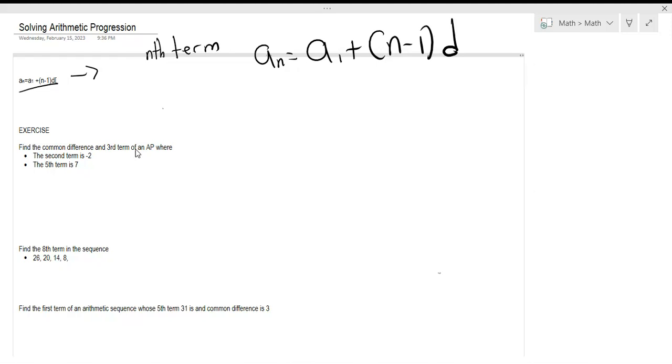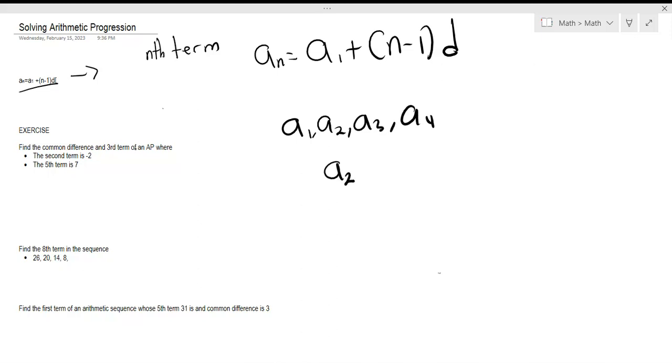In this situation, they didn't give us a direct sequence. We have a1, a2, a3, a4 like that. They gave us a2, the second term, which is minus 2, and the fifth term, a5, which is 7.